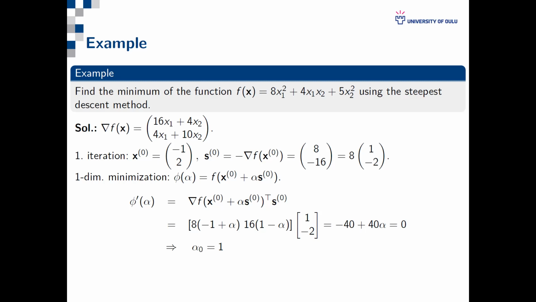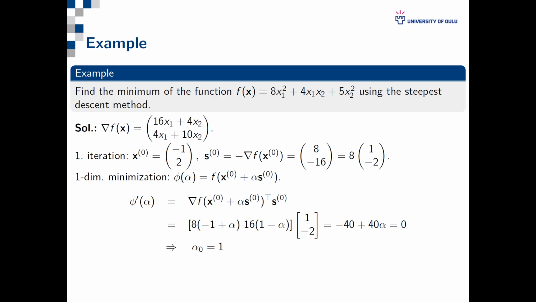So the gradient at x0 plus alpha times S0 is here, 8 times -1 plus alpha and 16 times -1 minus alpha. And I take the scalar product with S0, which is 1, minus 2. The result is -40 plus 40 times alpha, and it must be 0.